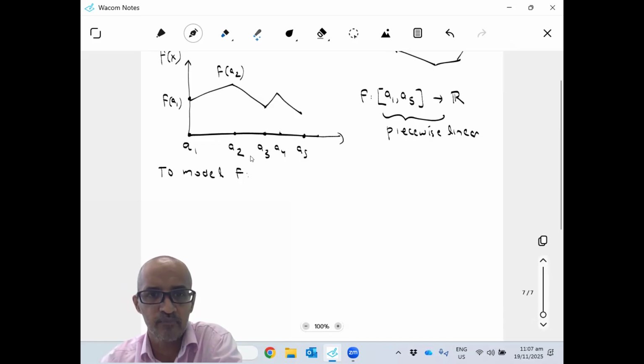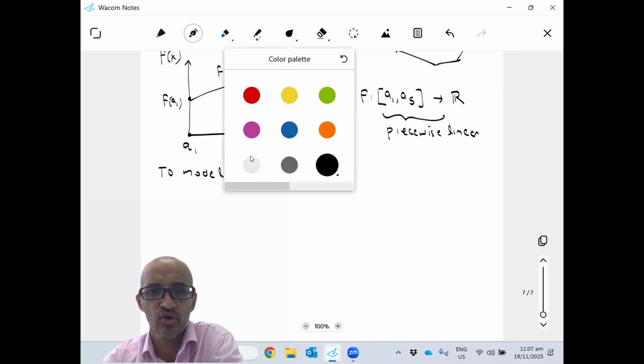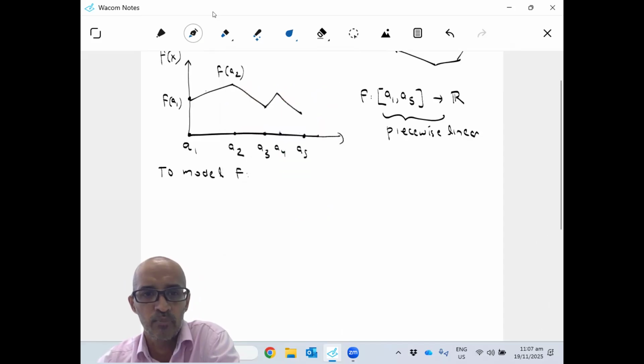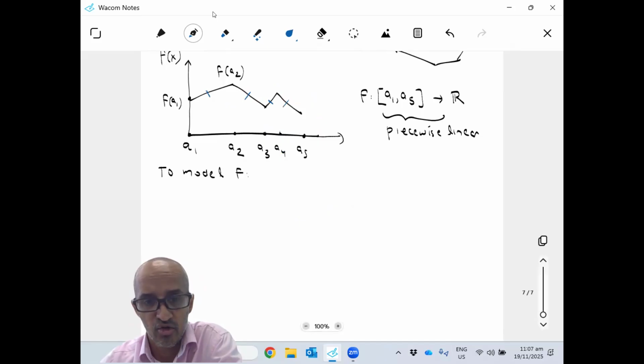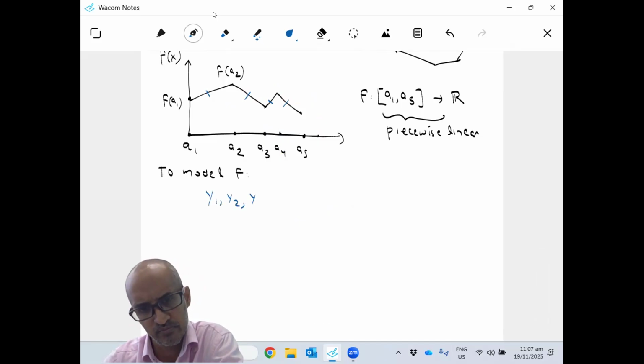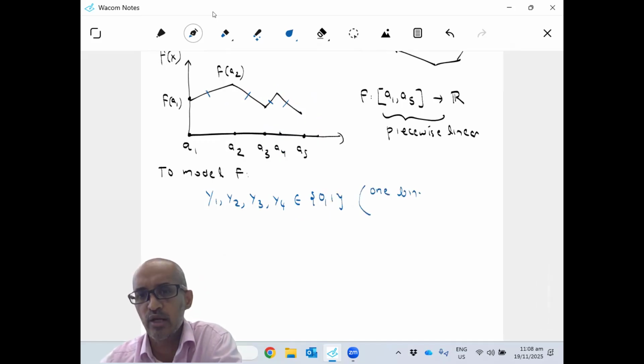So how many pieces are there in this example? There is one piece, a second piece, a third piece, and a fourth piece. Okay. So I'm going to create four binary variables, one binary variable per linear piece.